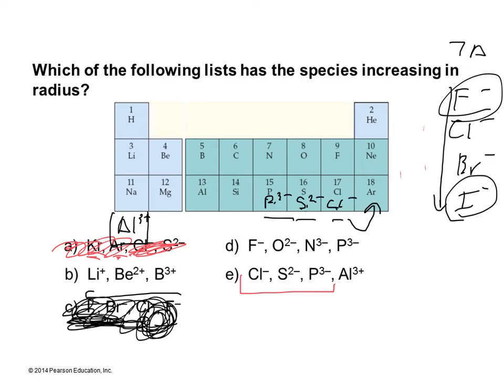And we said elements that are isoelectronic to each other decrease in radius with increasing atomic number. So our largest radius for those guys would be phosphorus, fewest protons. Chlorine has the most protons, so it would actually be the smallest. So far, so good. This part matches.